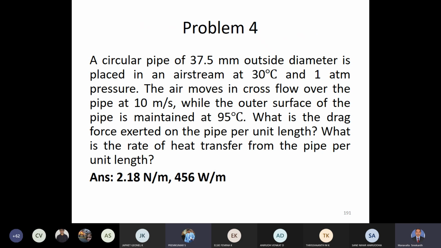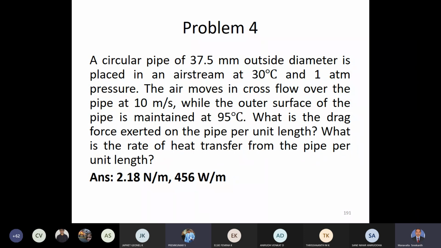So these are some correlations that are available for heat transfer over flat surfaces and curved surfaces. One thing I want you to observe is that in the case of flow over cylinders and spheres, we never mentioned whether the flow is laminar or turbulent. The correlations given to you are irrespective of whether the flow is laminar or turbulent.